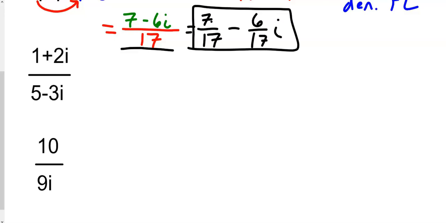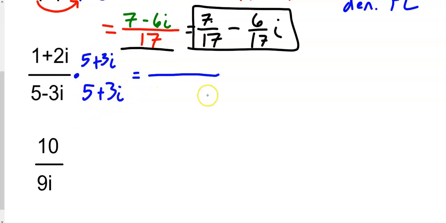Okay, so in this one, you need the complex conjugate. So that would be 5 plus 3i. So in the denominator, we end up with 5 times 5, which is 25. And then we end up with negative 3i times 3i, which gives us a negative 9i squared.